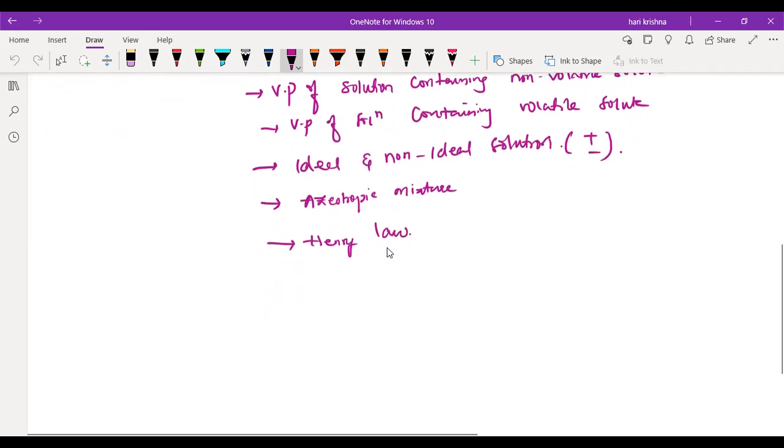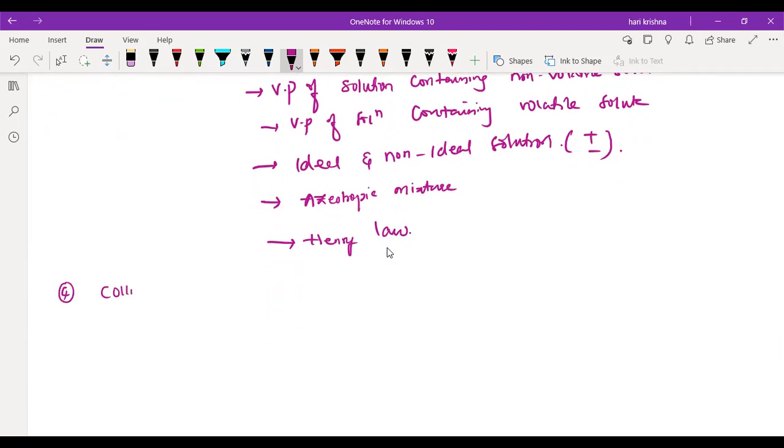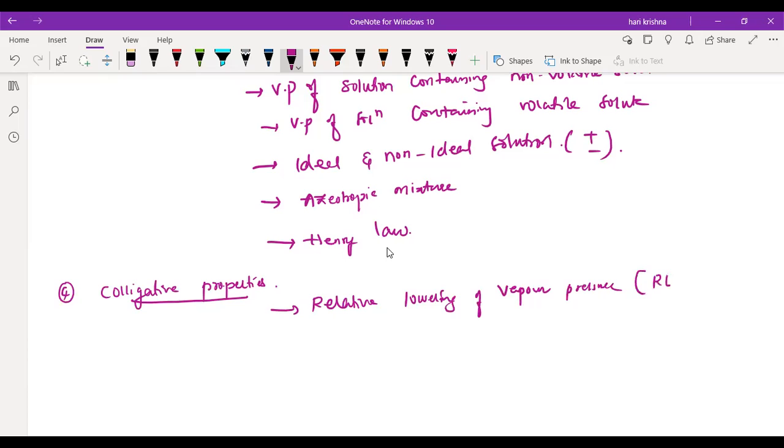The next one is the colligative properties. There are a total of 4 colligative properties. There is the RLVP, relative lowering of vapor pressure. Next one, elevation in boiling point.